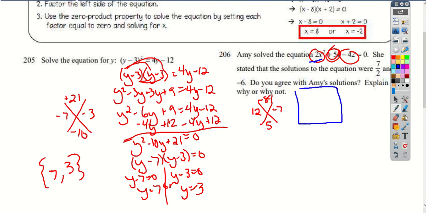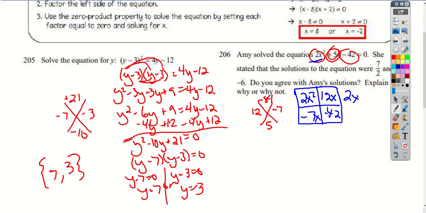All right, so the first number in the box, the first term, is the 2x squared, and then the negative 42 at the end. And then I'm going to put the 12 and the 7 in the two boxes, and the 7 is going to get negative. So 12, and these both get x's on them. So 2x squared and 12x have a 2x in common.